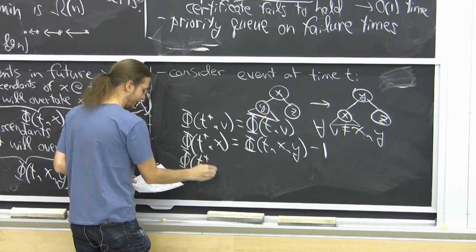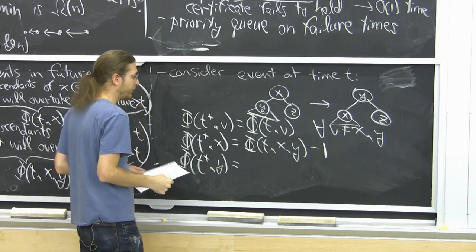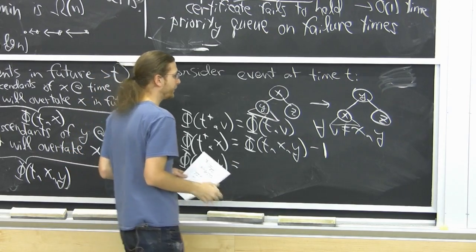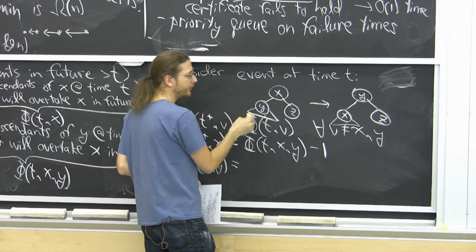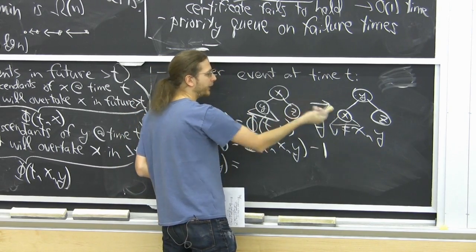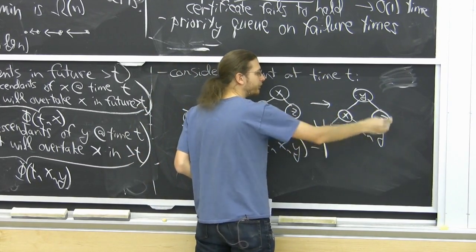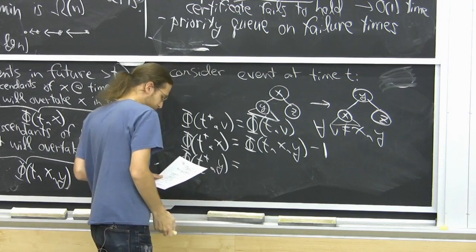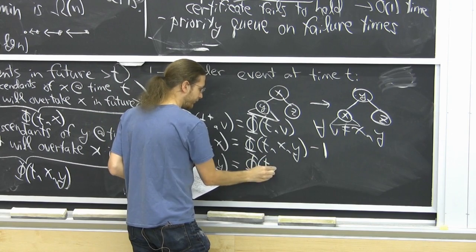The other one is y. What is the new potential of y? Y has new descendants now. It used to just have this many descendants. Still has those descendants. It now has x, which doesn't matter if we assume they'll never be overtaken again. And now it has this whole subtree of z. So we have whatever it used to have, which is phi of t y.